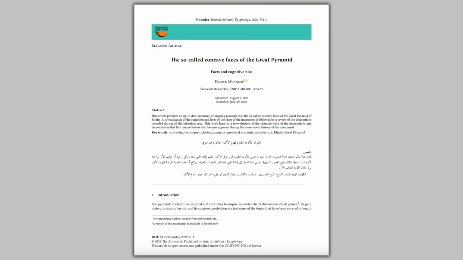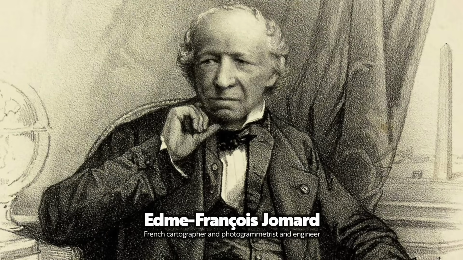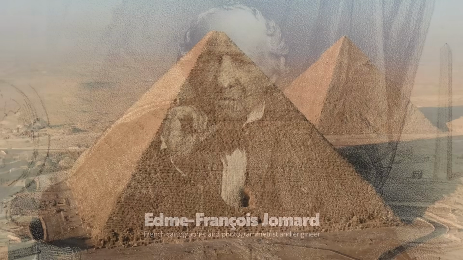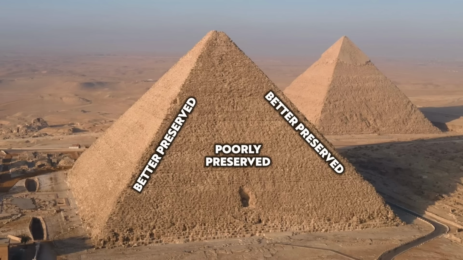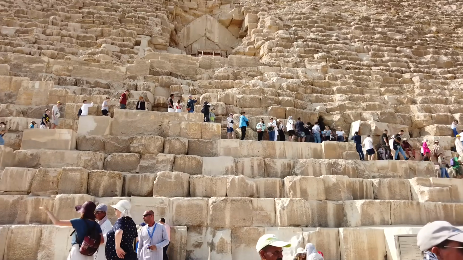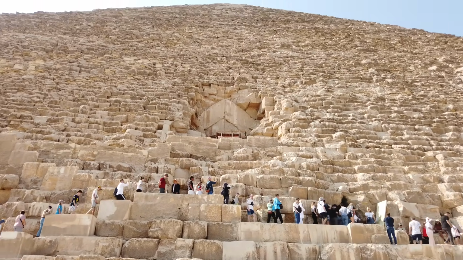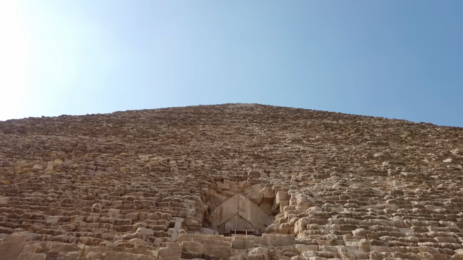As Monnier explains in his paper, it was noted by Edmé François Jomard, a man who was part of Napoleon's expedition, that the courses of stone on the Great Pyramid were better preserved towards the edges and were in a more ruinous state towards the middle of the faces. Jomard said that the French expedition did not climb up the centre point of the pyramid faces, specifically because they were too worn and too dangerous.